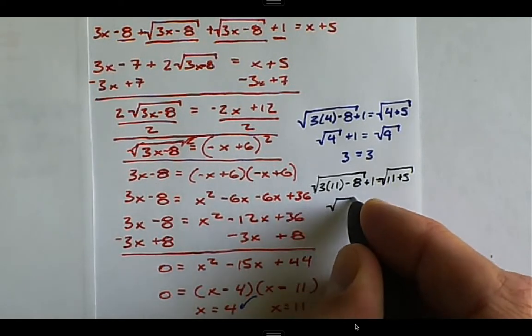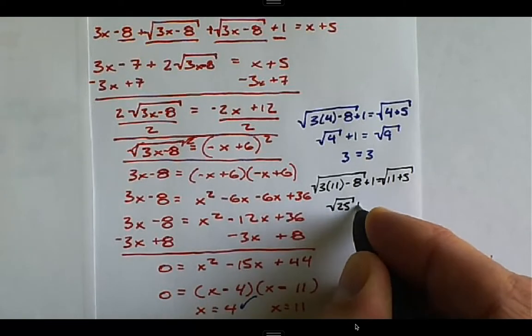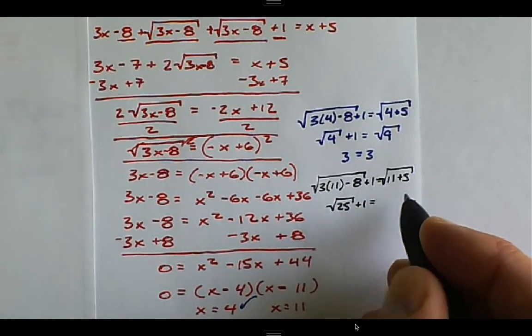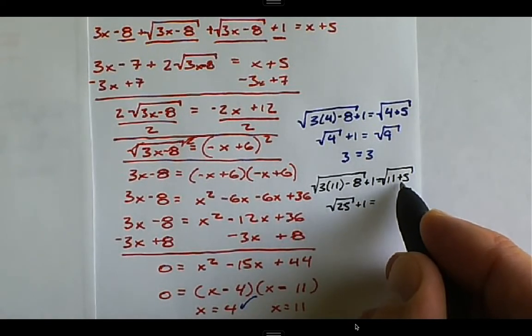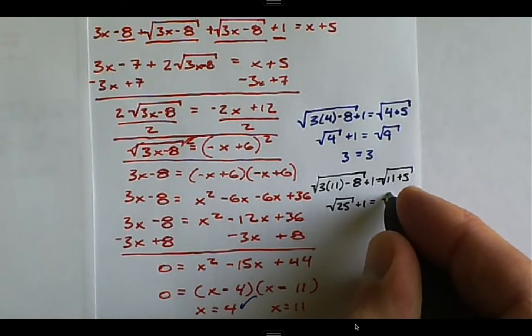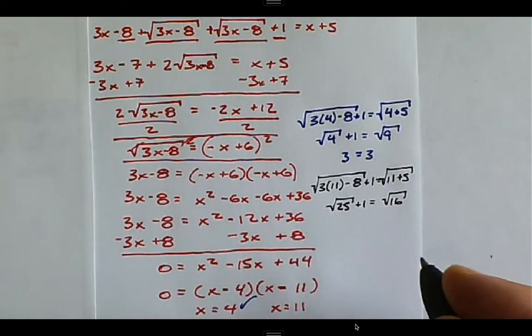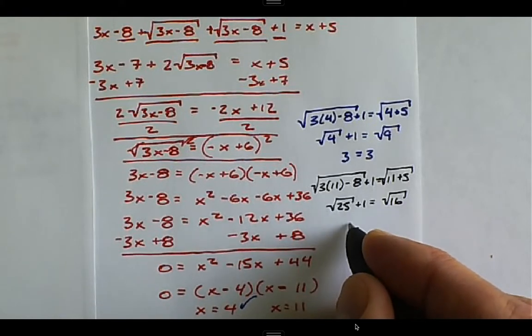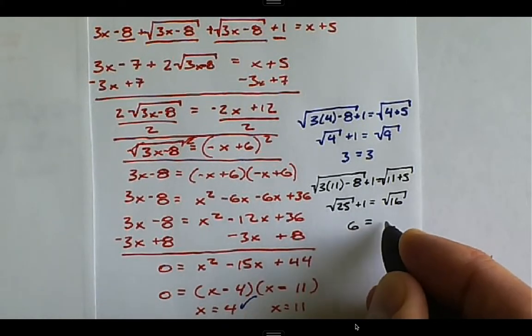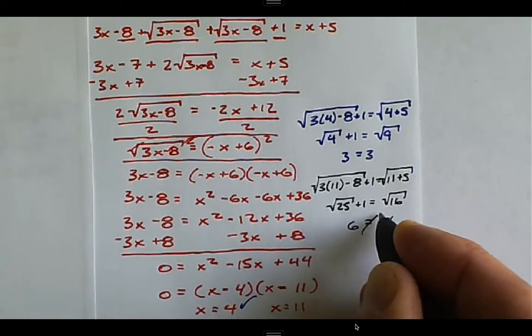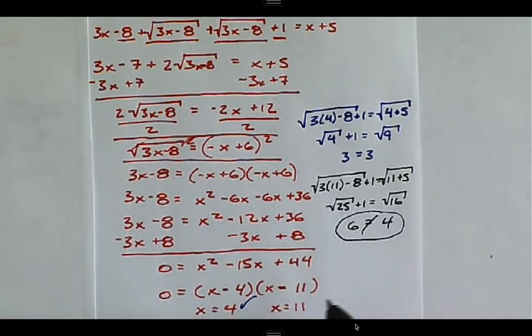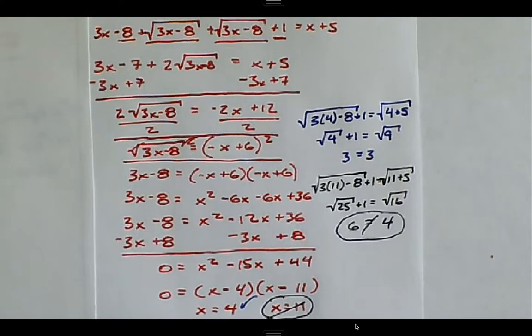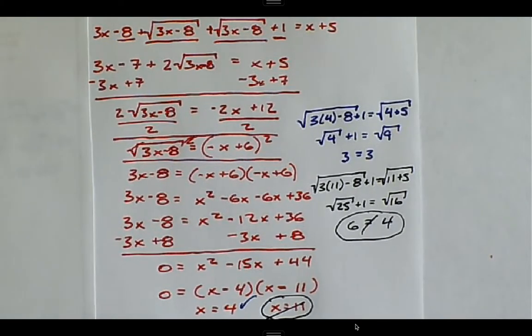So we have the square root of 25 plus 1 is equal to the square root of 16. So then we get square root of 25 is 5, plus 1 is 6. 6 is equal to 4. That's not true. So 11 is not a possible solution. So the only solution for this one is x is equal to 4.